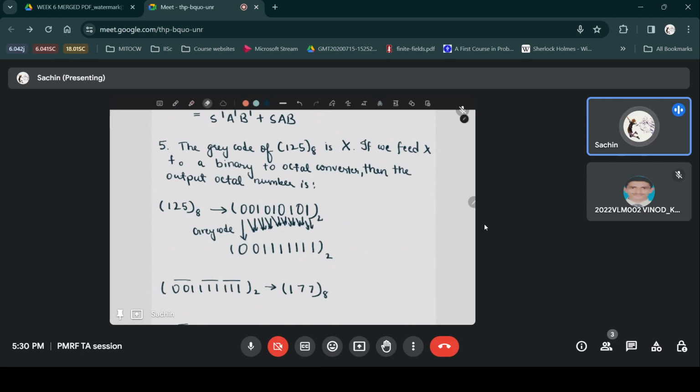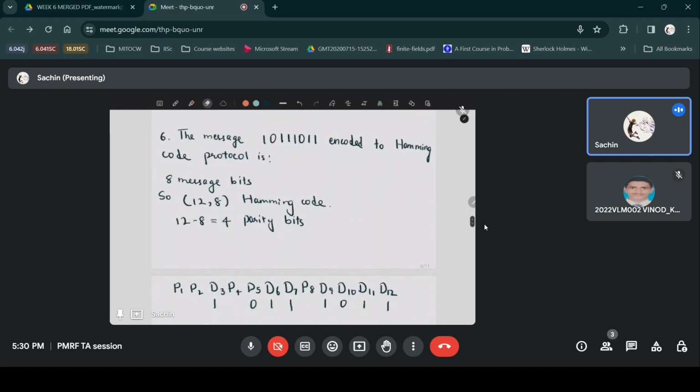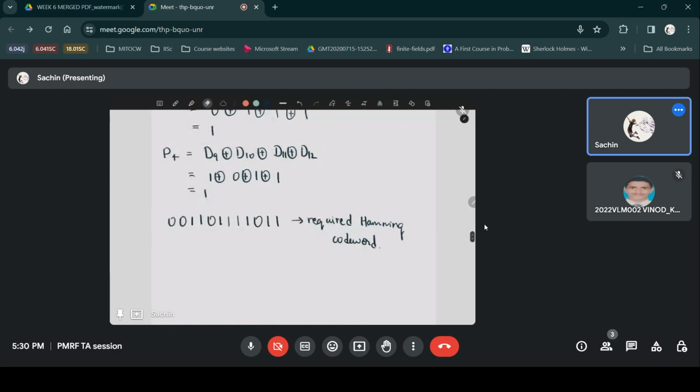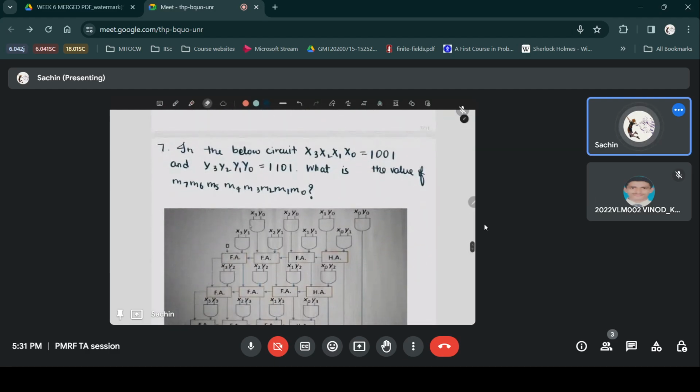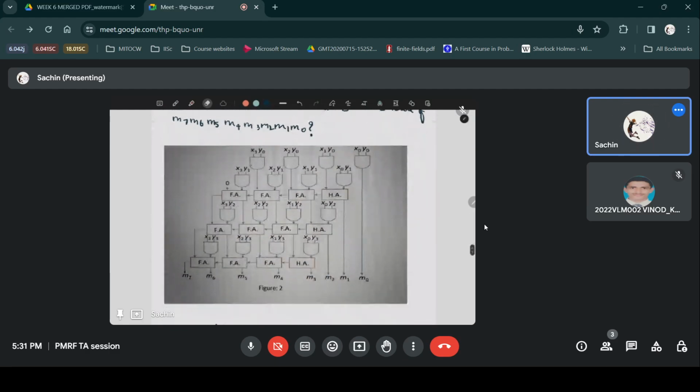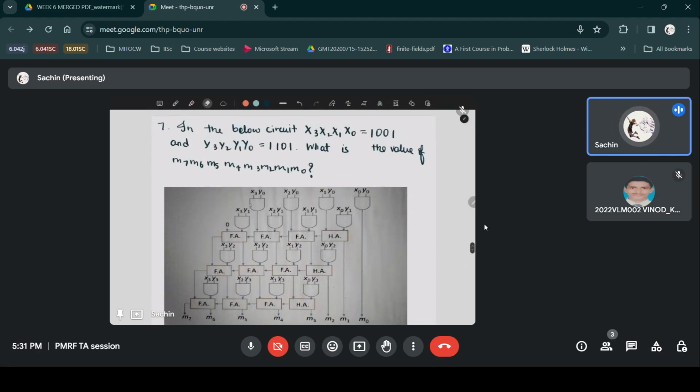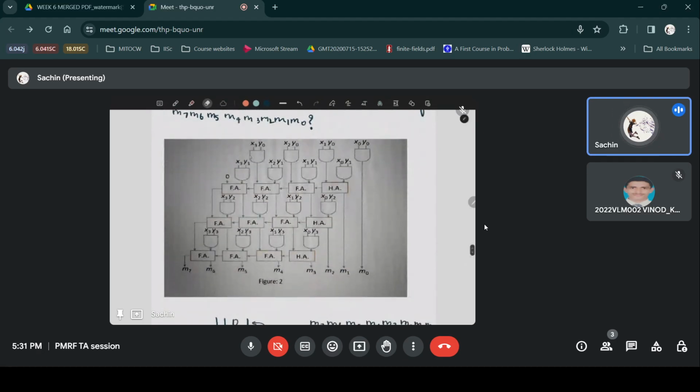You first convert it into binary and then convert that binary number to the gray code of the corresponding binary number. Sixth question, we saw how to generate the parity bits for a Hamming code. Seventh question, we saw how to do multiplication in binary, multiple bit multiplication.